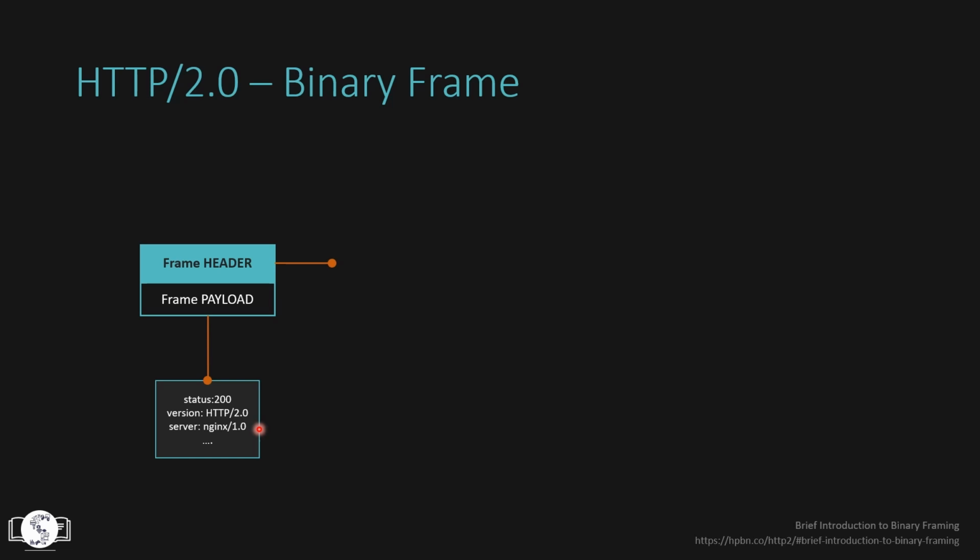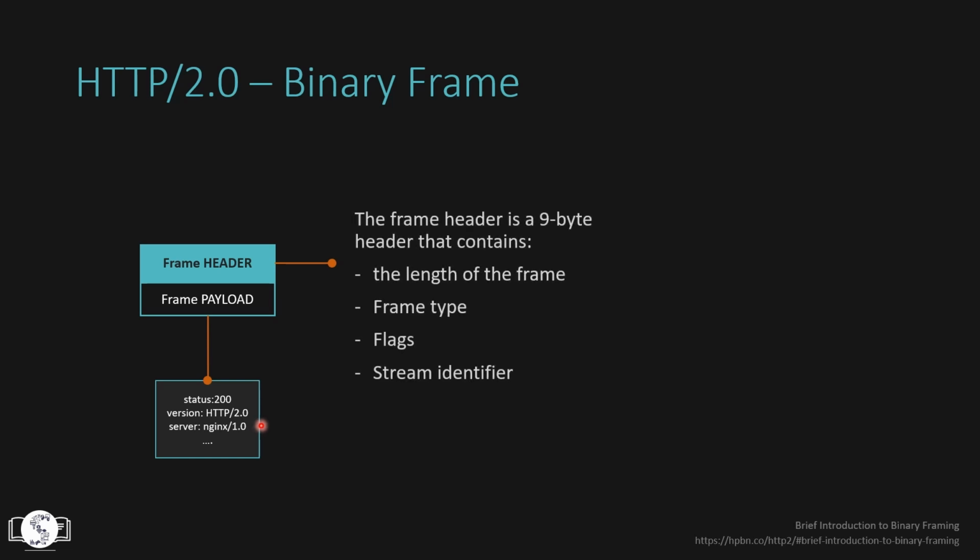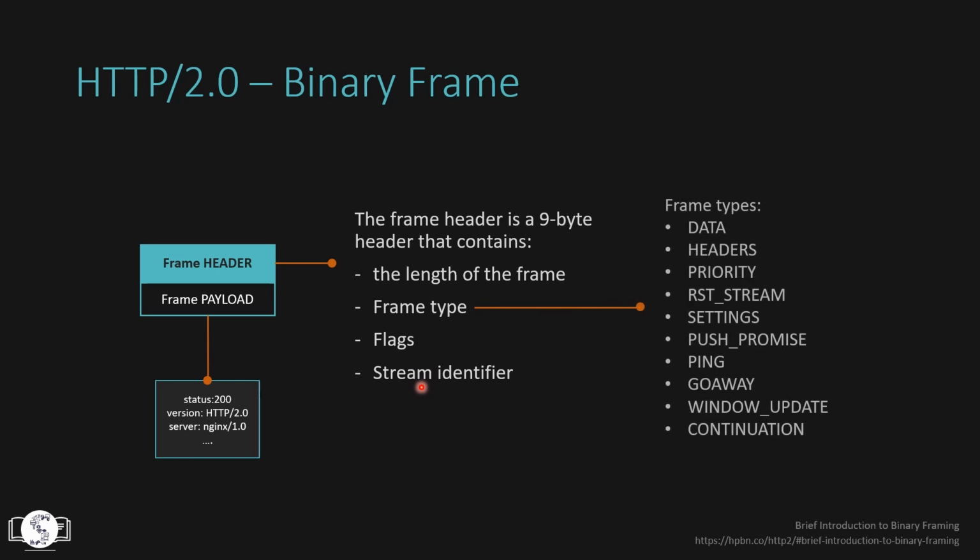The frame header is a 9-byte header that contains the length of the frame, type, flags, and also the stream identifier. This is the list of frame types. You can look into it in more detail in the link given in the slides. For example, a frame type DATA is used to transport HTTP message bodies, which allows payload of up to 16 megabytes per frame.